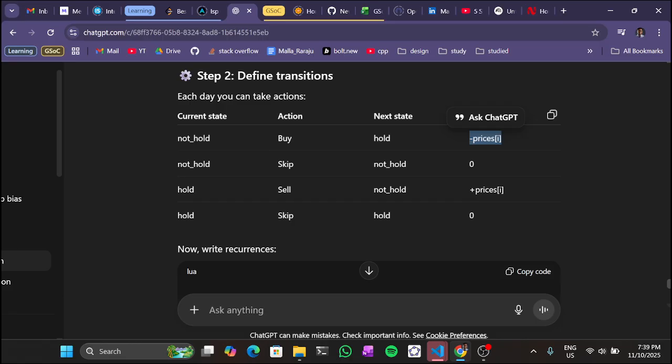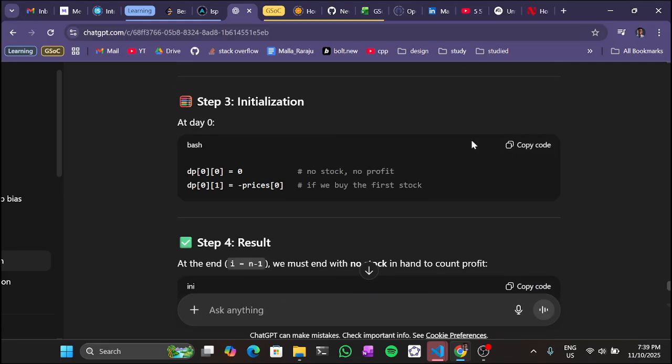And why is that? Okay, got it. This is from our investment, like our pocket, minus whatever the price is, we take it from the pocket.